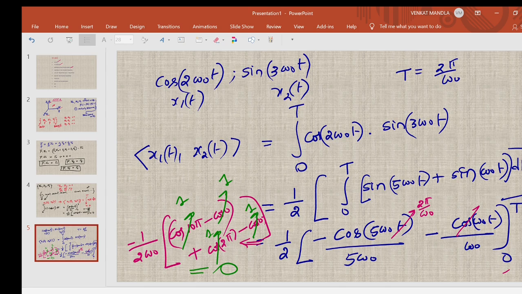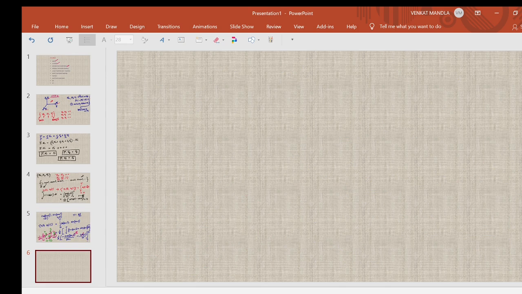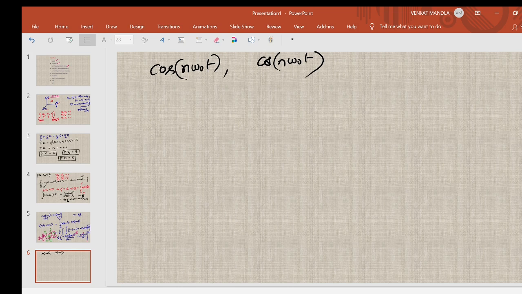We will take one more integration. I am taking two signals, cos n omega naught t and cos n omega naught t. Both are the same signal. Then I will integrate over one period 0 to T: cos n omega naught t into its conjugate, which is cos n omega naught t.